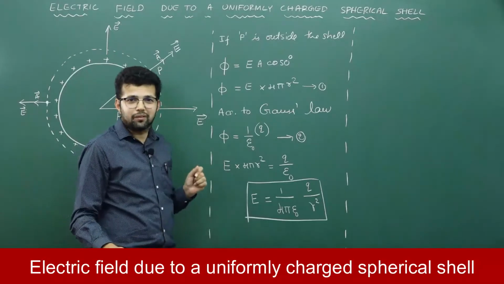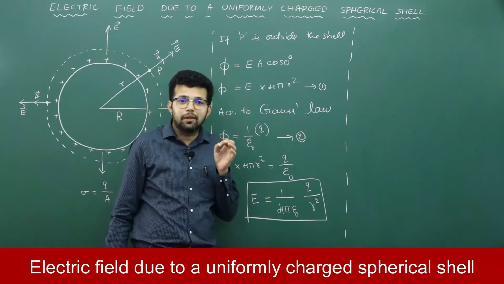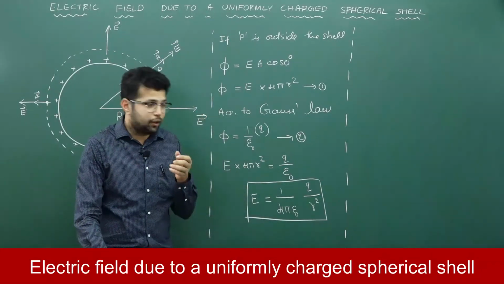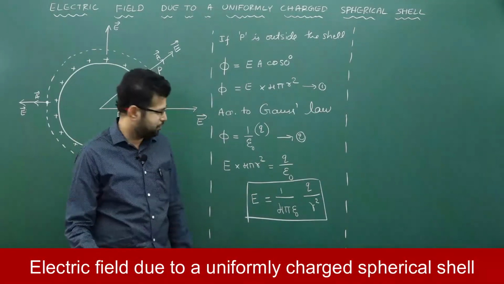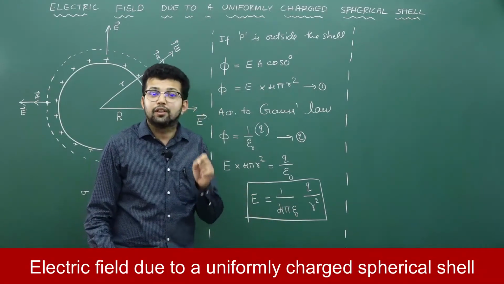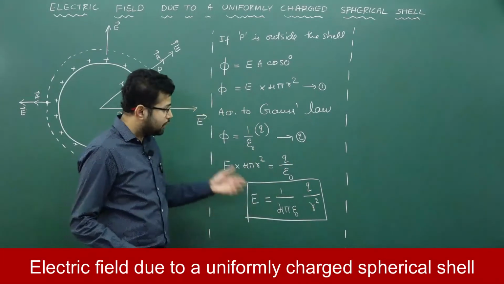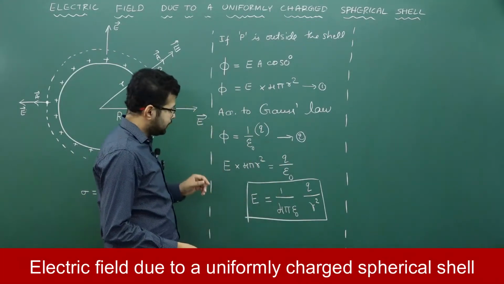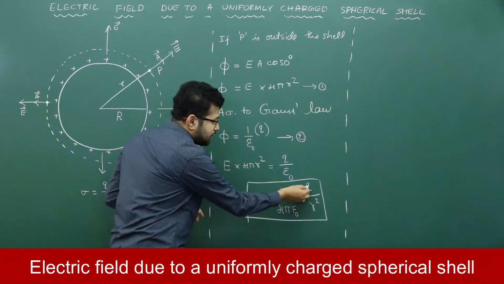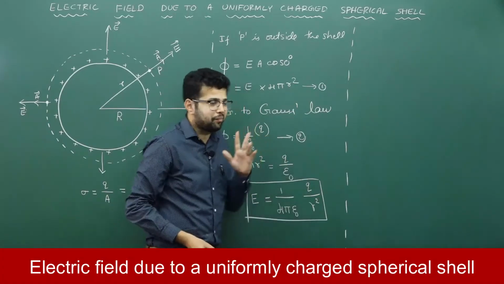What we need to observe is that this equation is exactly similar to the equation of electric field due to a point charge. What is r? r is the distance between the charge and the point where we are calculating electric field. Now, what does it mean? This means this charge q is at a distance of r from the point.